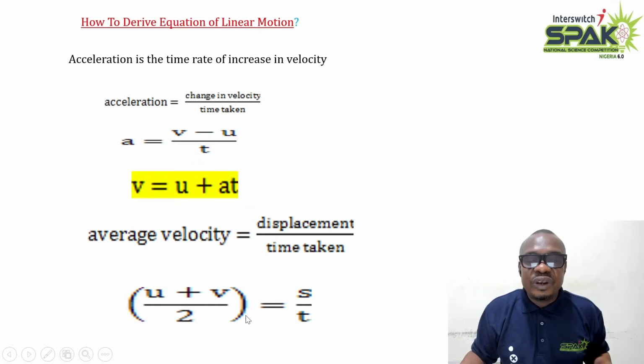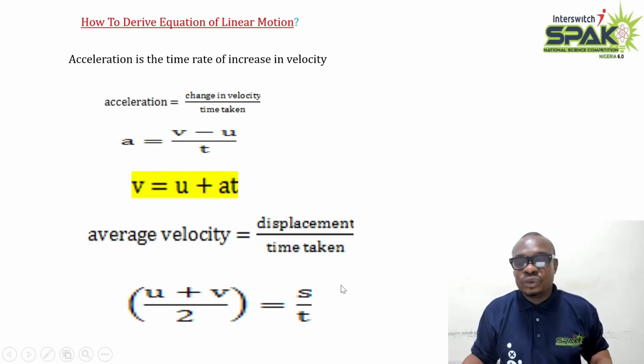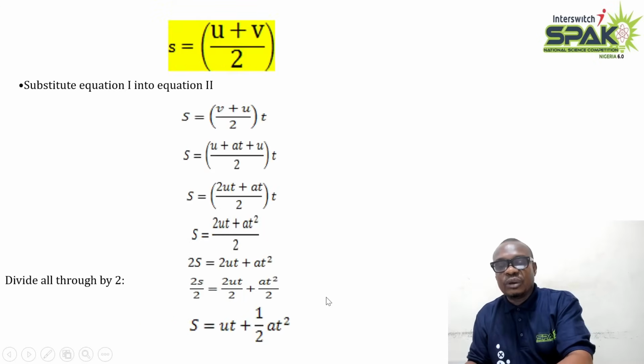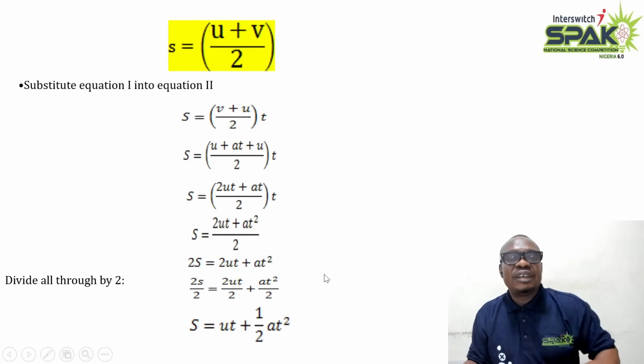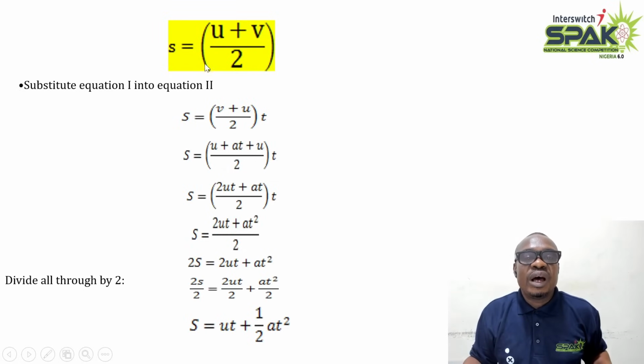So this is the average velocity: (u plus v) over 2 equals your displacement s over t. With this, what do you do? Let's now make s the subject of the formula. Making s the subject of the formula, what do we have? We have s.